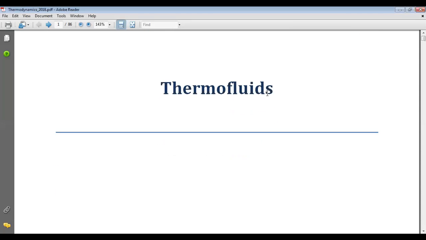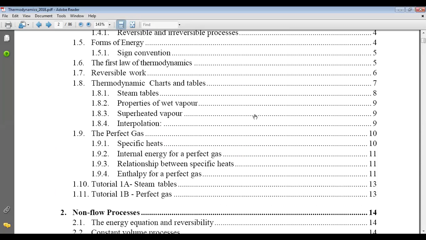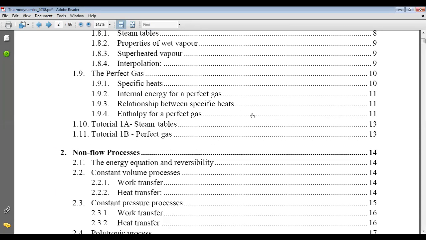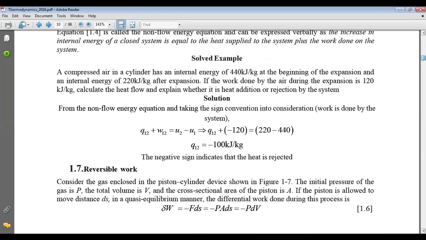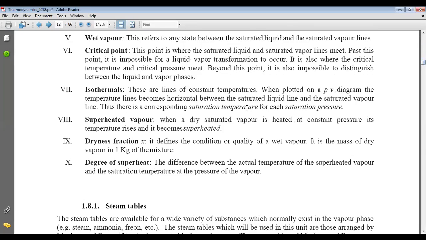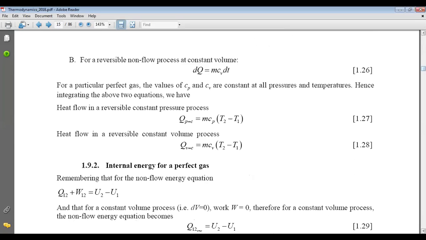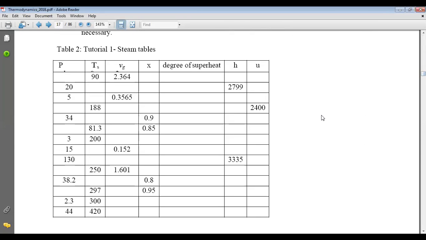This is the thermodynamics note. I'm looking for a table. Let me look for that. This table. Okay.